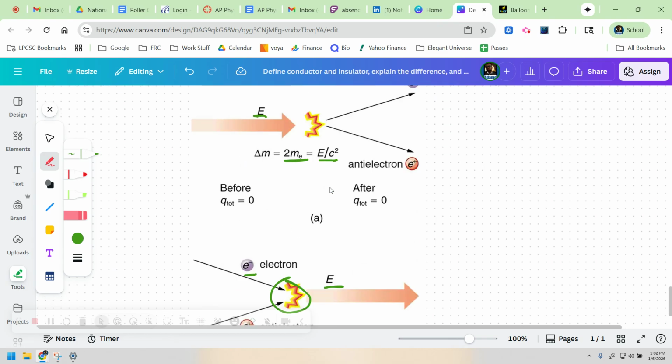The sun does a really cool thing where it actually fuses hydrogen atoms together to make helium, and so that's one type of nuclear reaction, and then it actually splits those helium atoms into hydrogen atoms.